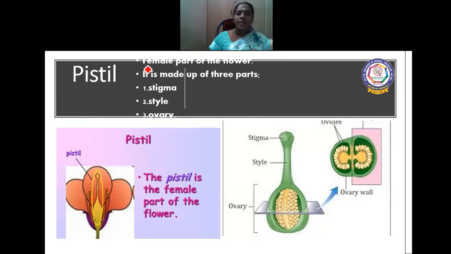Pistil, the female part of the flower. There are three parts: stigma, style, and ovary. The top part is known as stigma, the tube-like structure is known as style, and this is the ovary. And here we have the ovules, and these become seeds after the pollination.